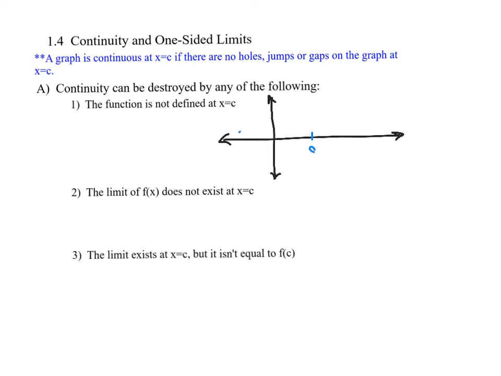My function might look like this, and then when I get to c, I've got no value, so that's an open circle there, and then it continues on. So what I see is that the function value at c does not exist. I'm going to use the abbreviation DNE for does not exist. So that's the first way that continuity can be destroyed, if I have a hole in the graph or if I have a function value that is not defined at a certain c value.